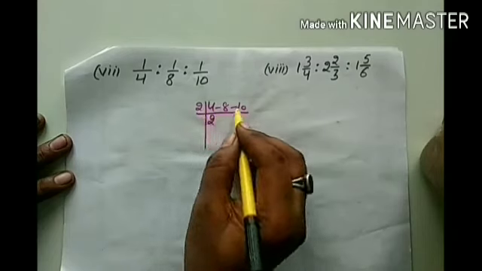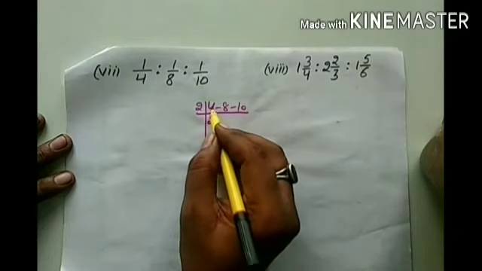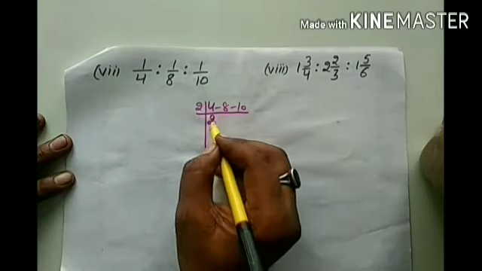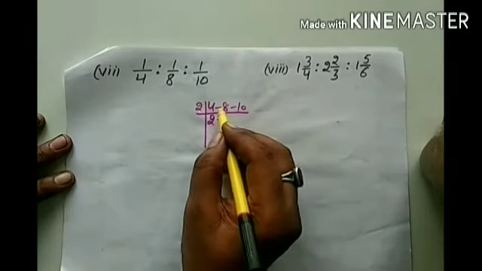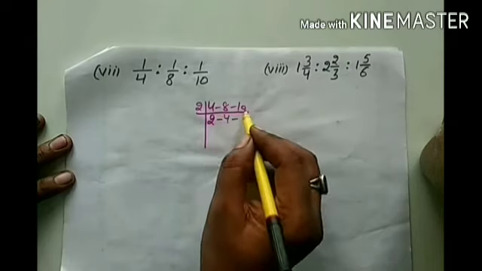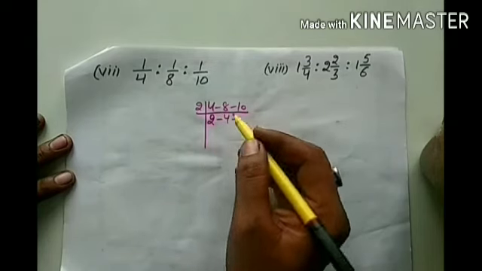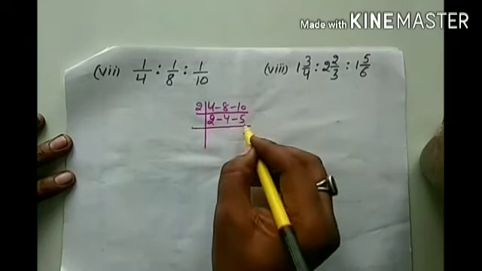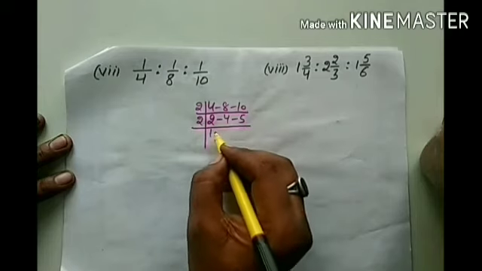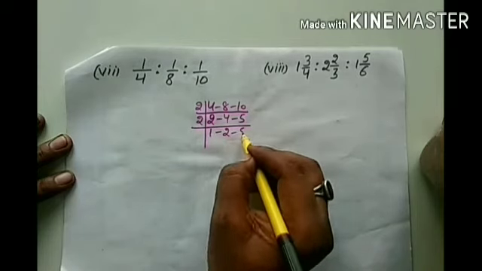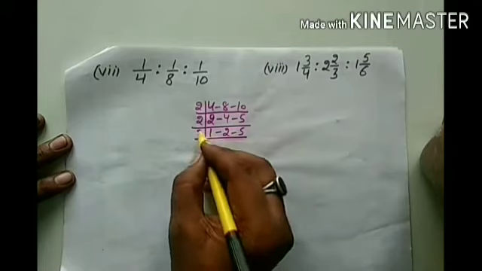I divide all the terms with 2. 4 divided by 2, that is 2. Now 8 divided by 2, that is 4. 10 divided by 2, that is 5. Now again I will divide with 2, that is 1. 2 2s are 4 and this is 5. Now I will divide by 2, that is 1.